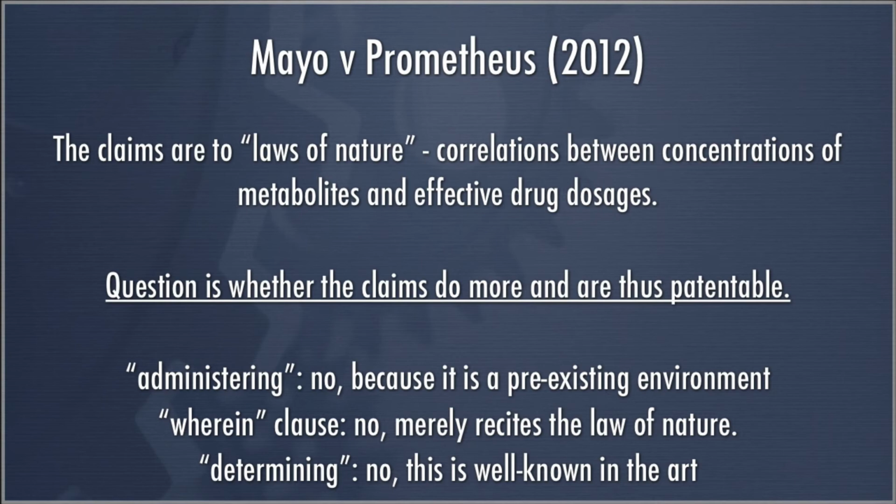Second, the determining component is again well known in the art. How do you determine the level of a drug in somebody's body? Well, you take their blood and you do a blood test. That's the way it's always worked, and therefore, again, this is not new, well known in the art.